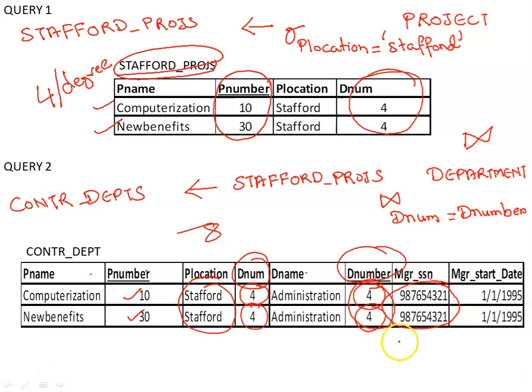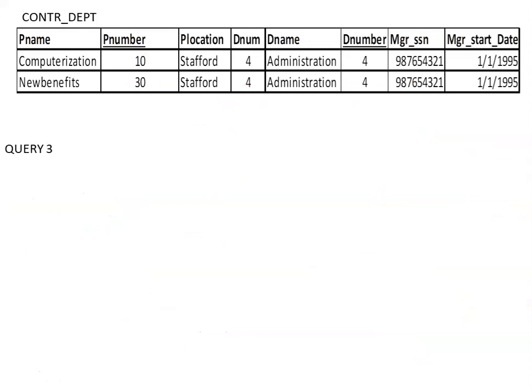That can be done by again performing a join of this table, that is the controlling departments table, with the employee relation. Let's have a look how we do it. So controlling departments relation join with employee relation.